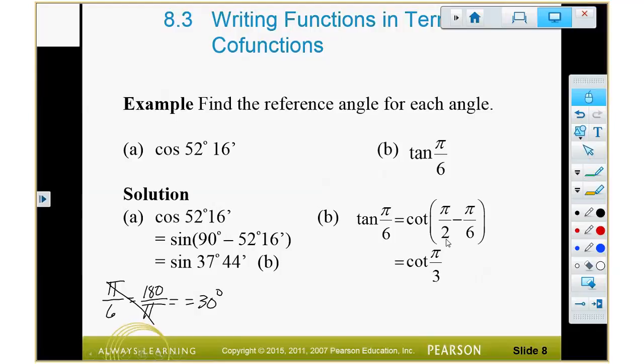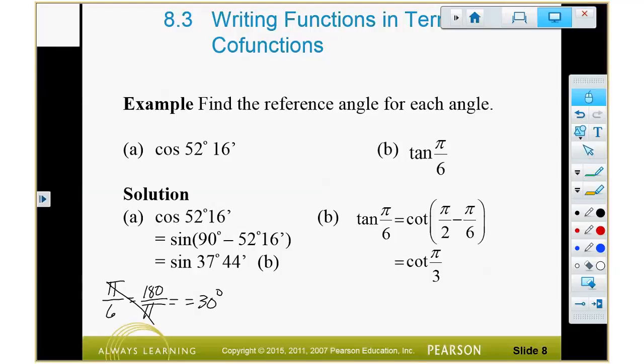Yep. See, pi over 2. How did I know to take it away from pi over 2? Because I know that it's not what? It doesn't go over 90 degrees. How do I know that? Because I always tell my students in trig, when you're dealing with a radian, always turn it into a degree so you know where it is. Because a lot of people just like shooting from the hip. It doesn't work very well.